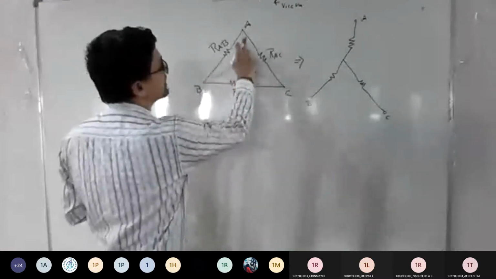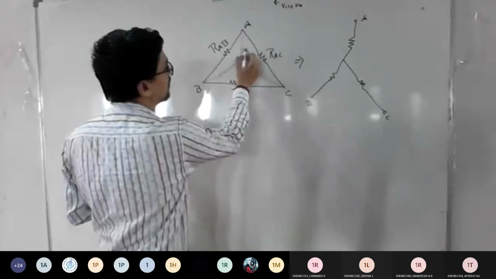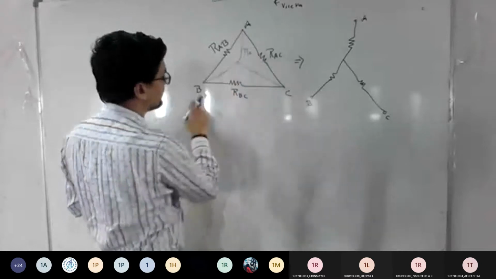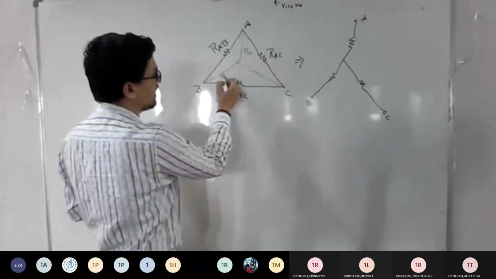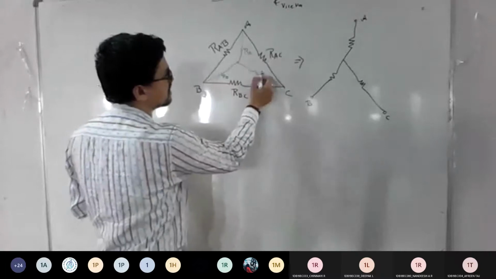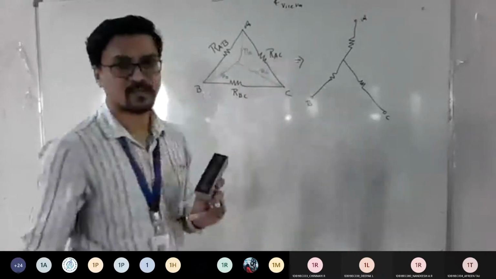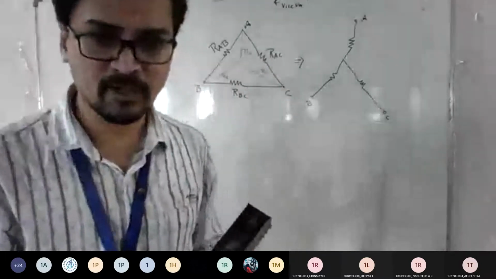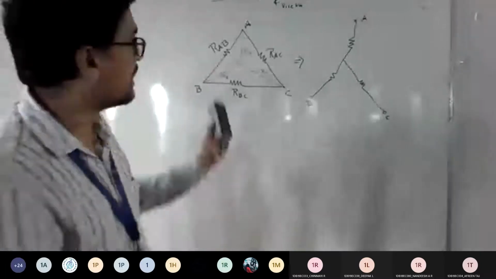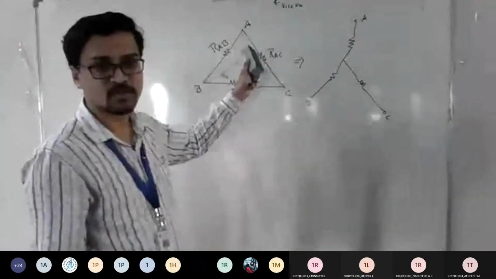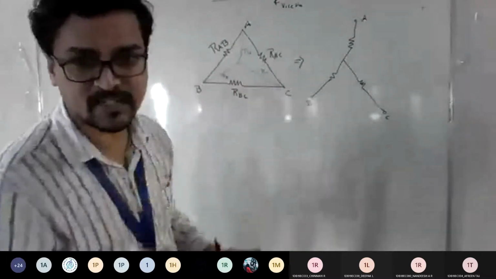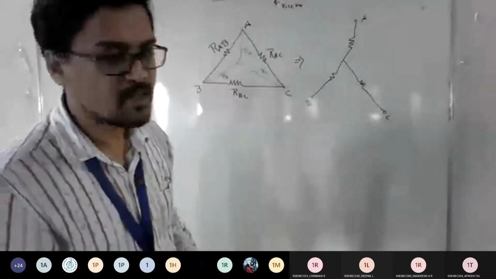So this is connected to node A, right? I'm going to mark it as RA. This connected to node B, I will mark it as RB. This to node C, RC. Am I clear till here? What I told everyone? Whenever you find any delta form, inside that there will be a star conversion. That is what I want to convert, right?